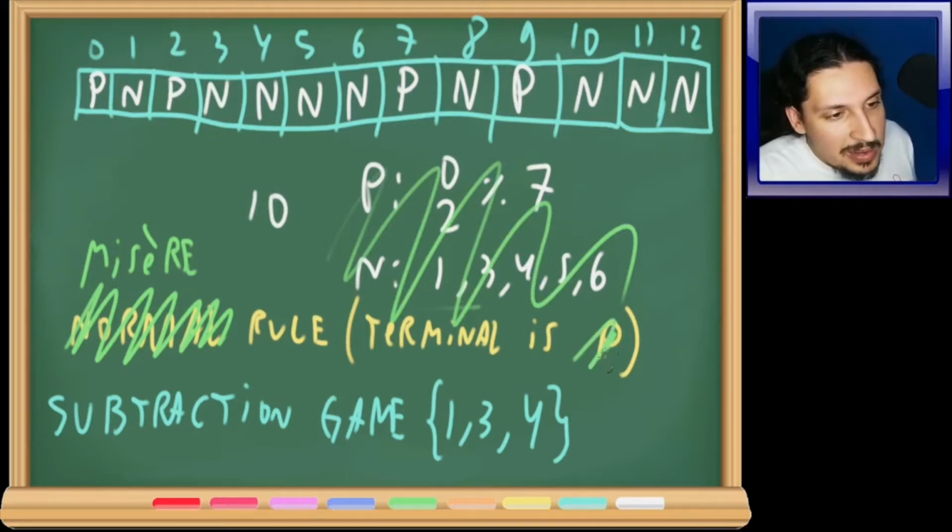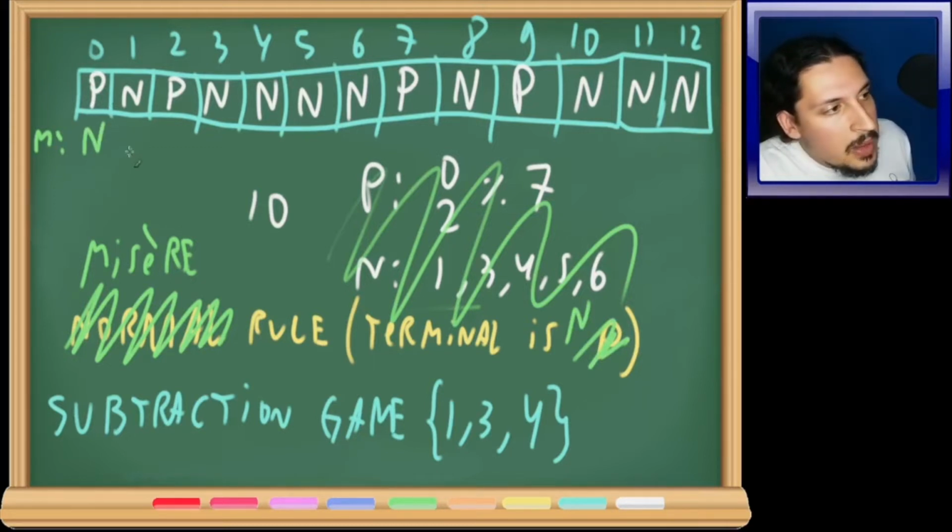Now the terminals are n positions. So the only terminal was 0. For the Misère case, which I will put down here, this will be an n, and that is the only change. So this makes this one a p, because we can only move to a p position. We cannot move anywhere else.